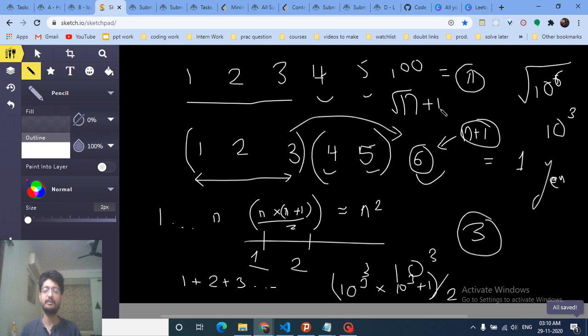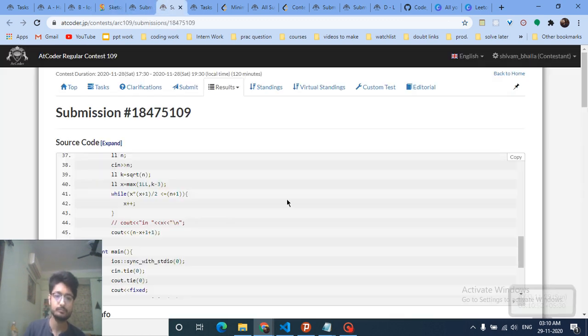Now I will check for 99. If it is still less than n, then okay, I'll go to the next step. Now if it overshoots n, I will know that till 99 I can make all of these logs using the n plus 1 log. So that's what I'm doing. I'm iterating from 1 to 3 steps back and finding the summation from 1 till this x value, and if this is less than n plus 1, then keep on adding to x.